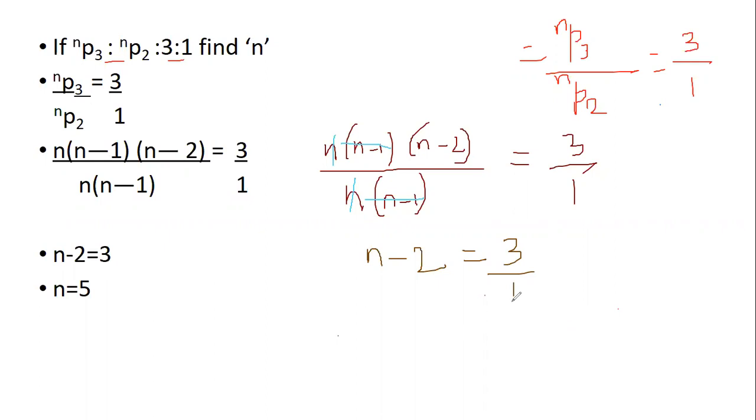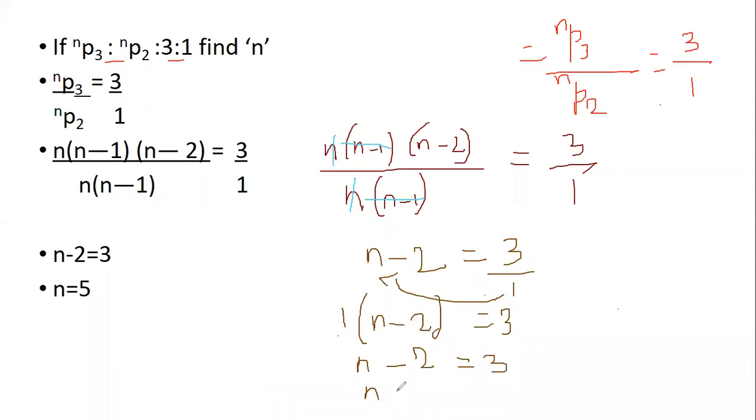Now this 1 which is in division, if I take it to the other side, it will become 1 into n minus 2 is equal to 3. Yes, if I take 1 to the other side, if it is division here, it becomes multiplication. Now 1 into n is n, 1 into minus 2 is minus 2, which is equal to 3.